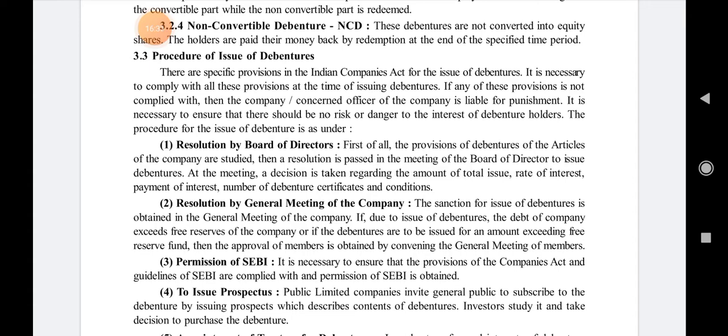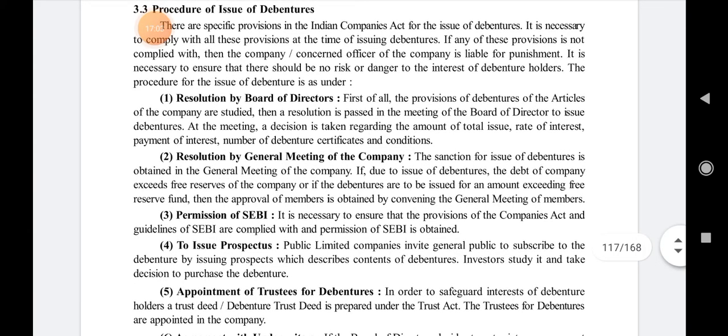It is necessary to ensure that there should be no risk or danger to the interest of the debenture holder. See, the most necessary thing is that they have to compulsorily see that there will be no risk for the debenture holder. The procedure for the issue of the debenture is as under.